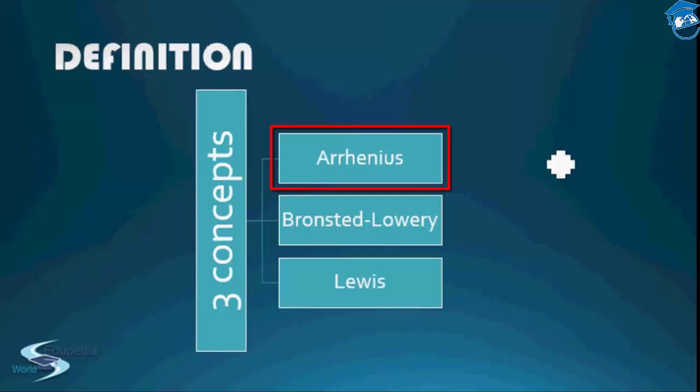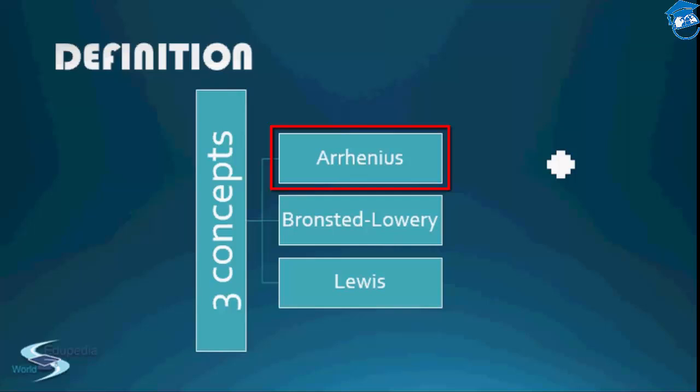Before we go on with the Arrhenius concept, you might want to recall the concept you have studied in your earlier classes. When you were younger, you might have studied that a base is something that turns red litmus blue and an acid is something that turns blue litmus red. But right now, in exams, you don't have litmus paper with you.